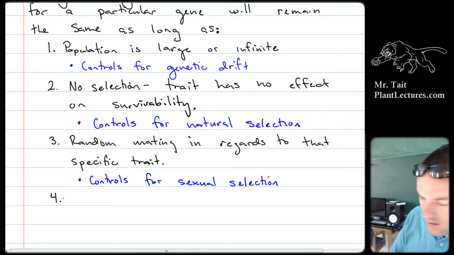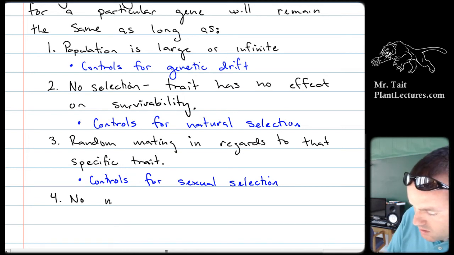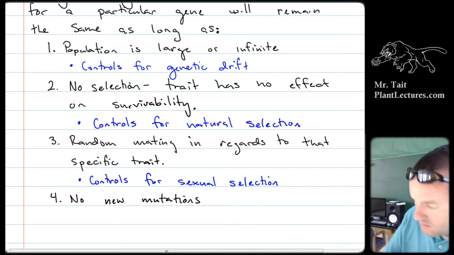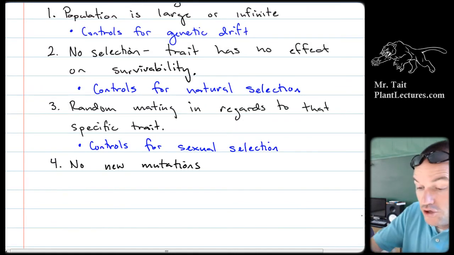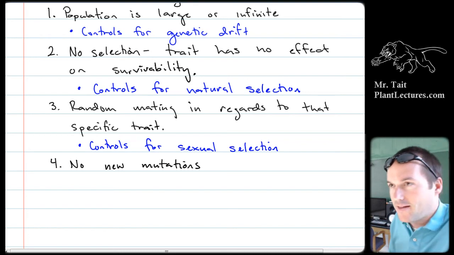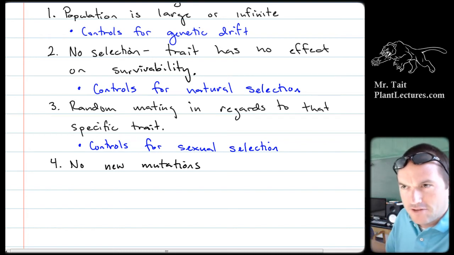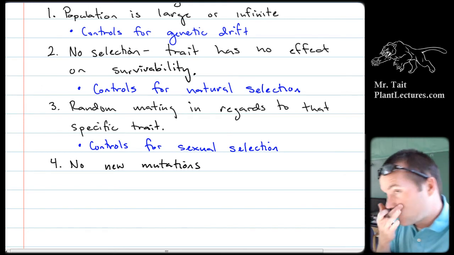Number 4 says no new mutations. Okay, because if a new mutation pops up, then that's going to add another allele to the gene pool, which is obviously going to change the frequency because now you have another allele to consider, right?